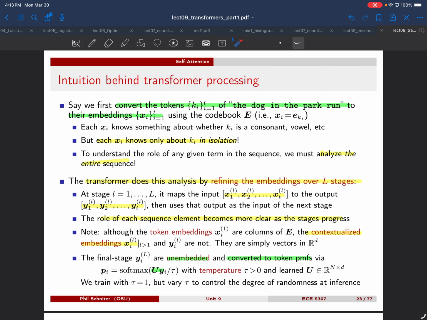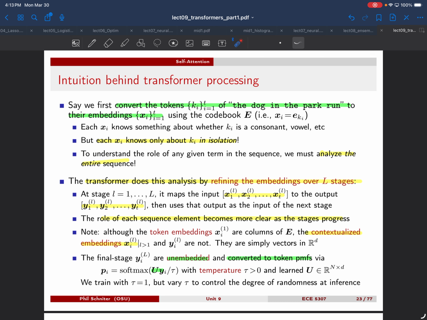Because when it starts, all those embeddings are set using the codebook, which only knows about each token in isolation. So we talked about how the letter E in English can be used in very distinct ways. And so the token for E really needs to capture all those ways simultaneously. But as we learn more about this sentence, we can learn how is this particular E used, and what is the meaning of that particular E. And so we can do that over several iterations with the transformer.